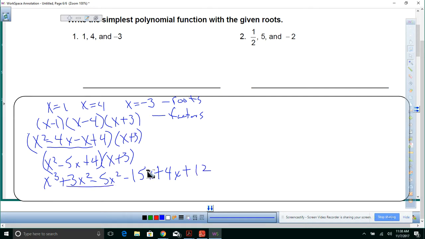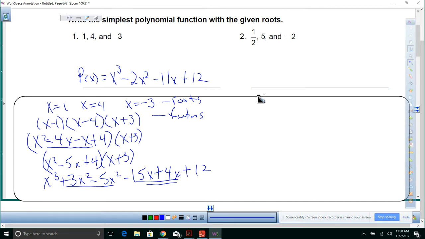We can combine these two, and those two. And we end up with p of x equals x cubed, 3 minus 5 is minus 2x squared, and negative 15 plus 4 is minus 11x, plus 12. All right, good job.